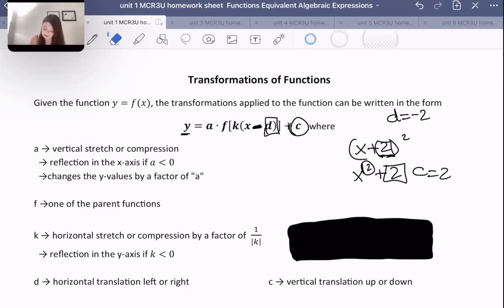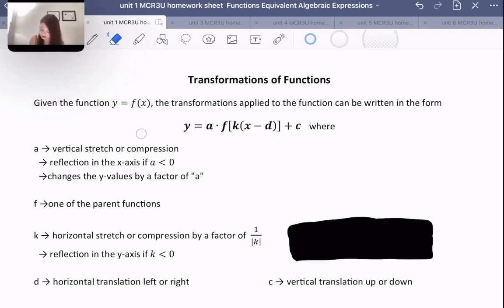So that's one note I want to make before we even get into this: how can we know what's inside? We have to check what's inside versus what's outside the function and make sure we apply the correct transformation. Because sometimes we might get A and K confused versus D and C confused as well. But with that said, let's get into what are the actual rules here.